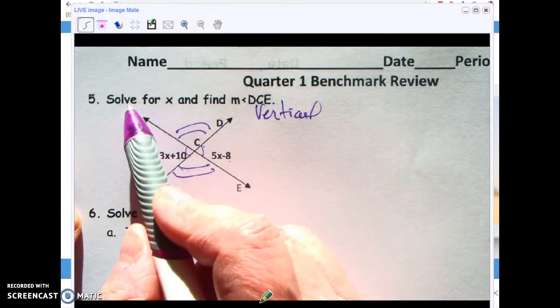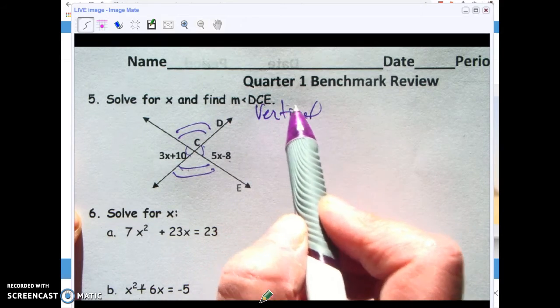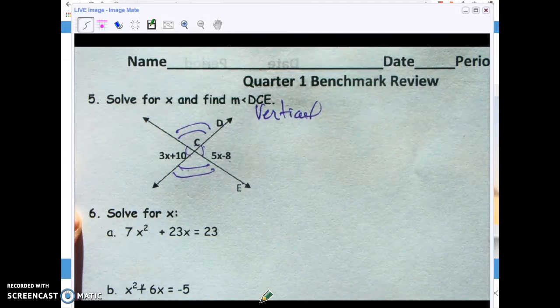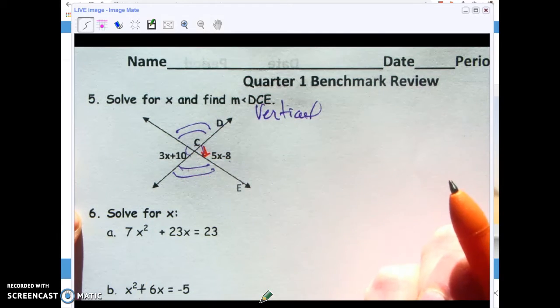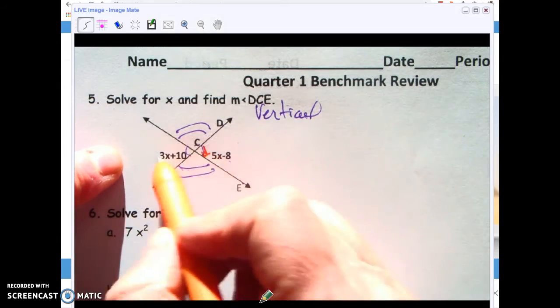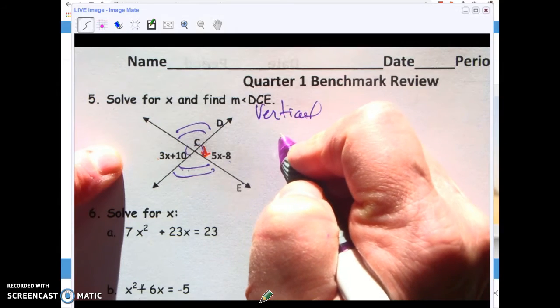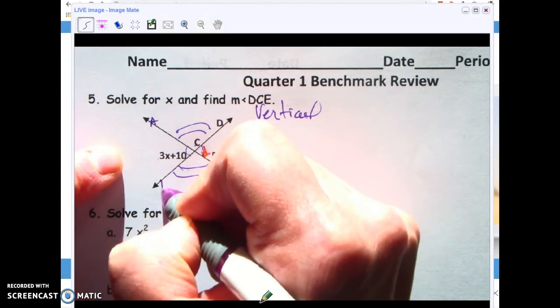Alright, so what we have to do is solve for x and find the measure of DCE. So DCE, we are looking for the measure of this angle. Okay, vertical angles are congruent. So I'm going to just put an A, C, B here.